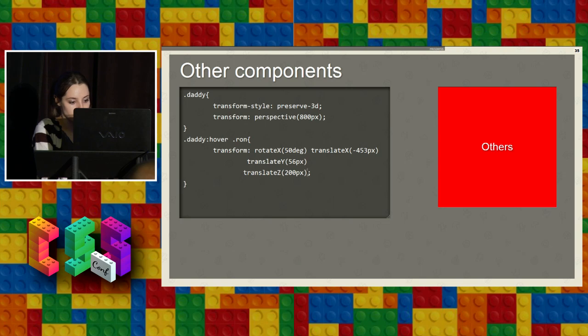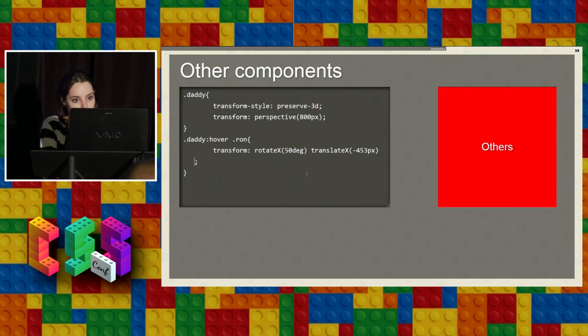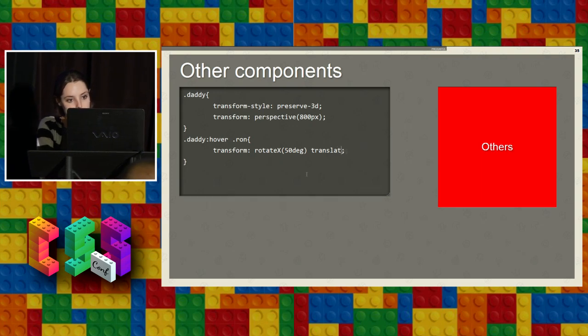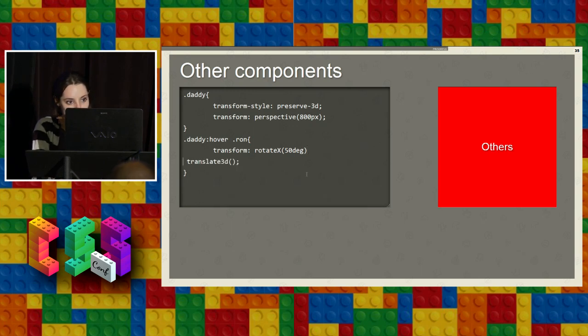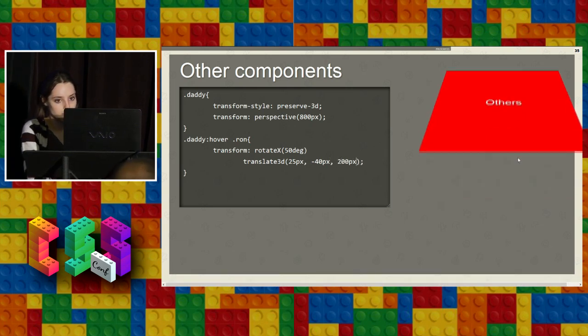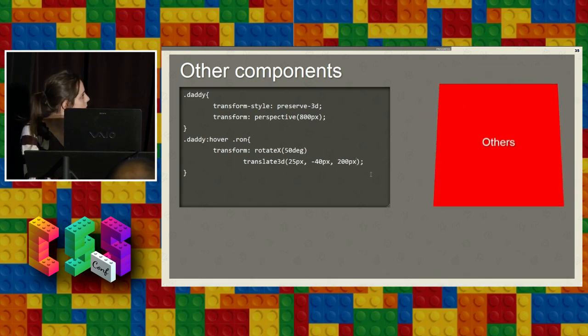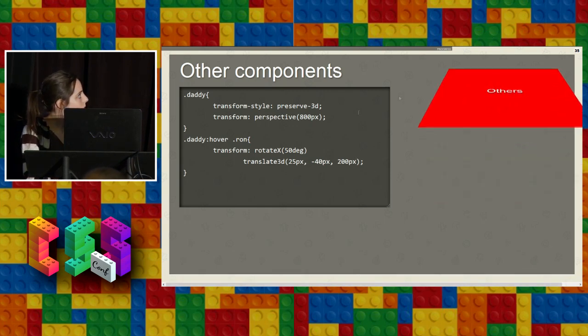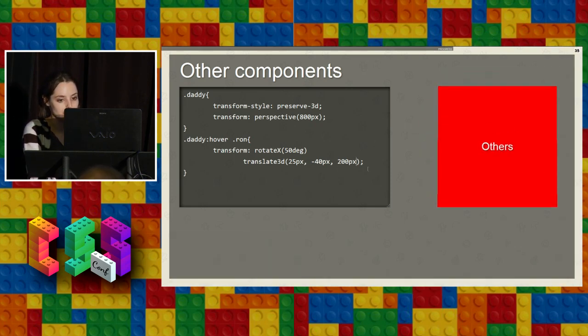And translate also has the short version, which is simply translate3d, and we put different values, like 25 negative that goes up, and the other one could be something like this. So we have this thing. Once we modify all that and apply animations, we can create something like that letter over there.